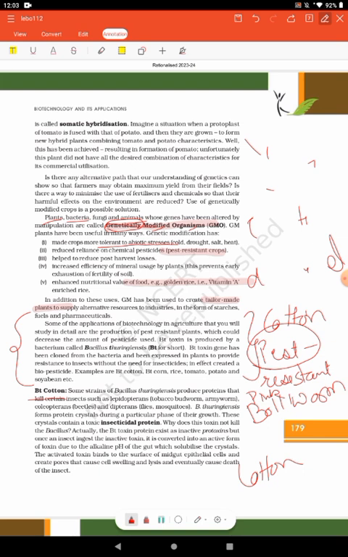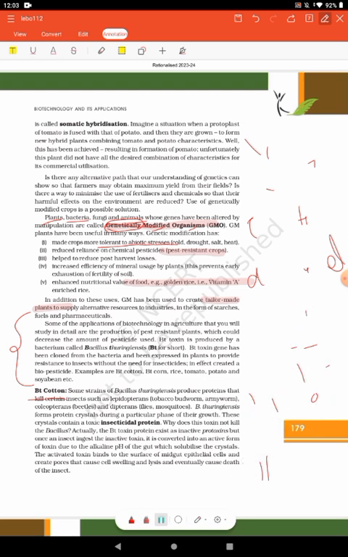So what happens in this Bt cotton? In the cotton plant, the gene of the cotton plant is inserted with a gene, that is the cry gene, from which organism? Bacteria, Bacillus thuringiensis. The Bt word comes from Bacillus thuringiensis.